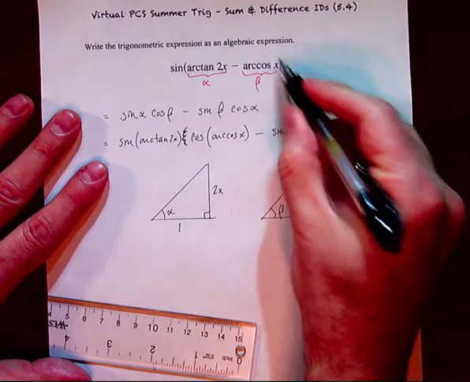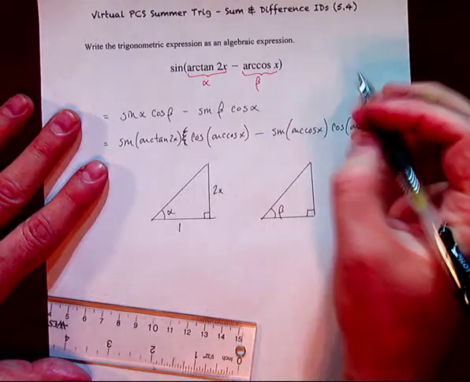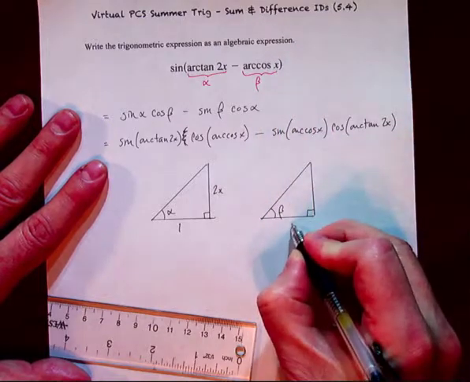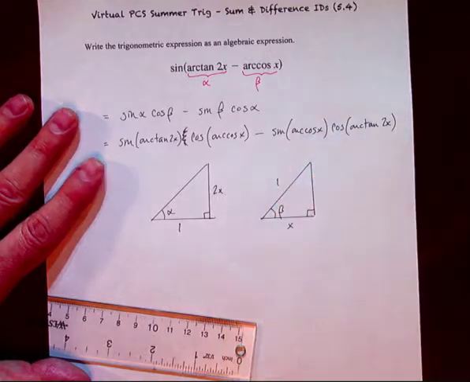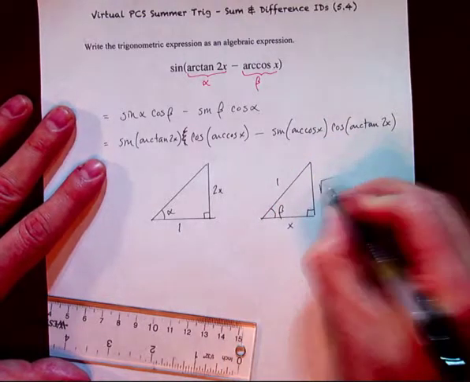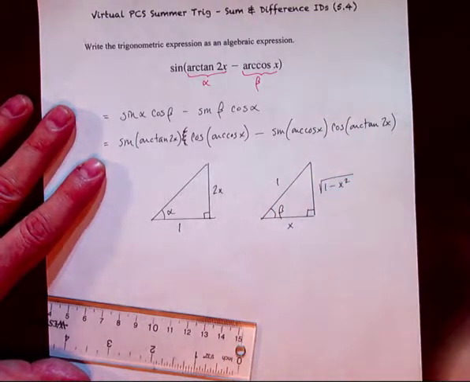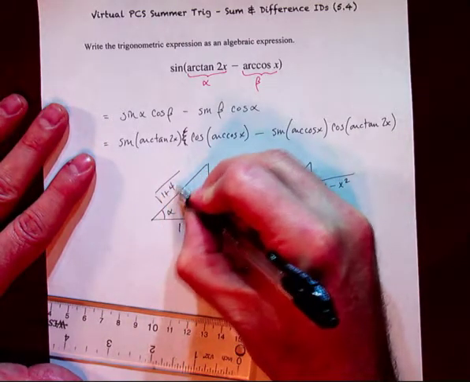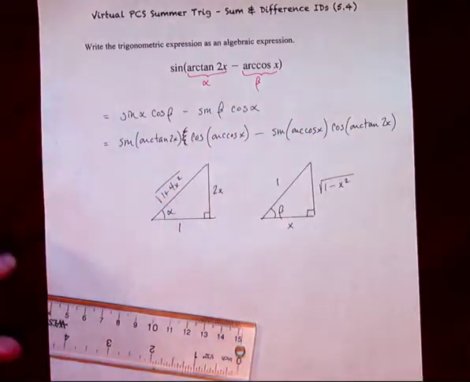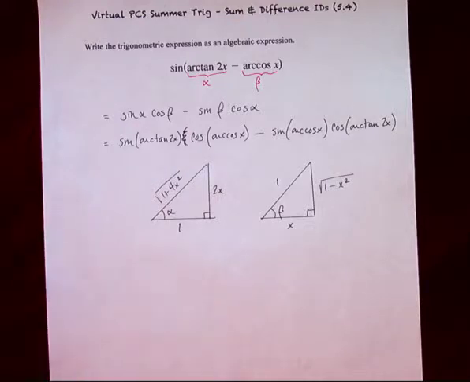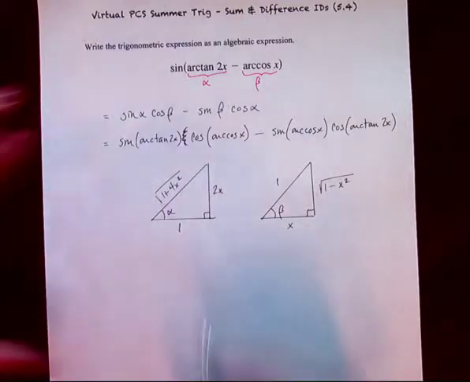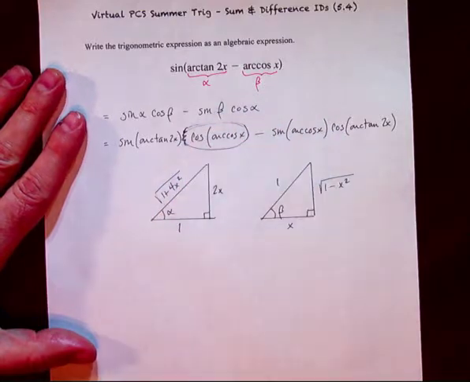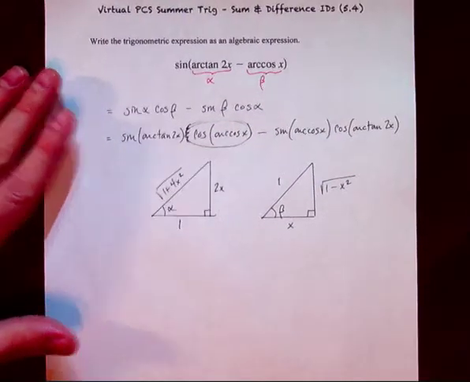Arccosine, the cosine ratio is x, so the adjacent over the hypotenuse is x over 1. And this winds up being the square root of 1 minus x squared, and this winds up being the square root of 1 plus 4x squared. And now we have all three sides.